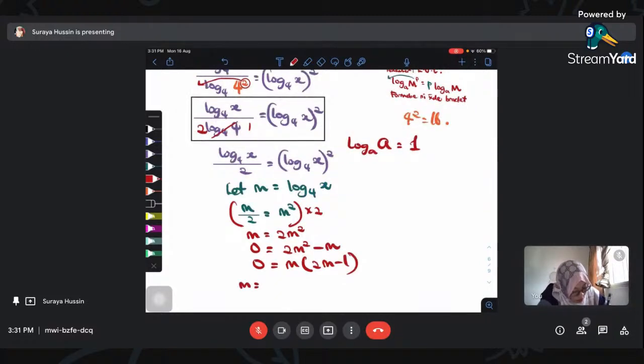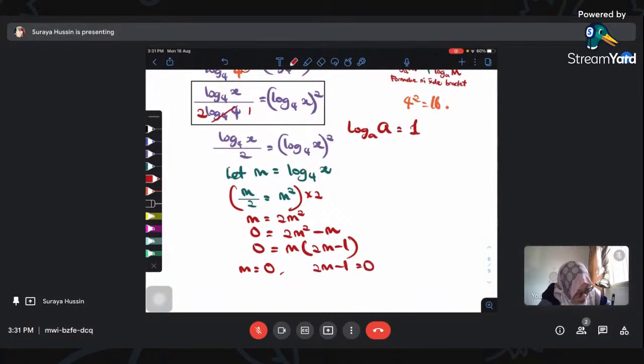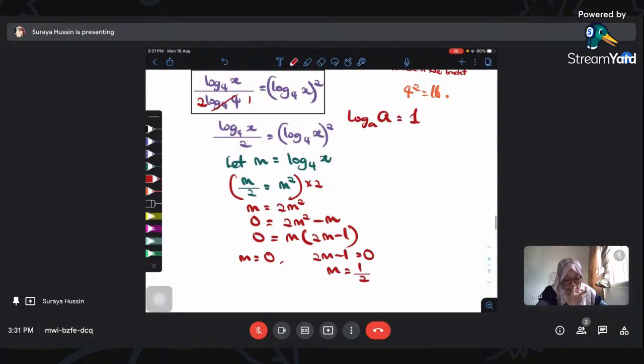Therefore, m is equals to 0, or m is equals to 1 over 2. But don't forget to substitute back. Log 4x is equals to 0.